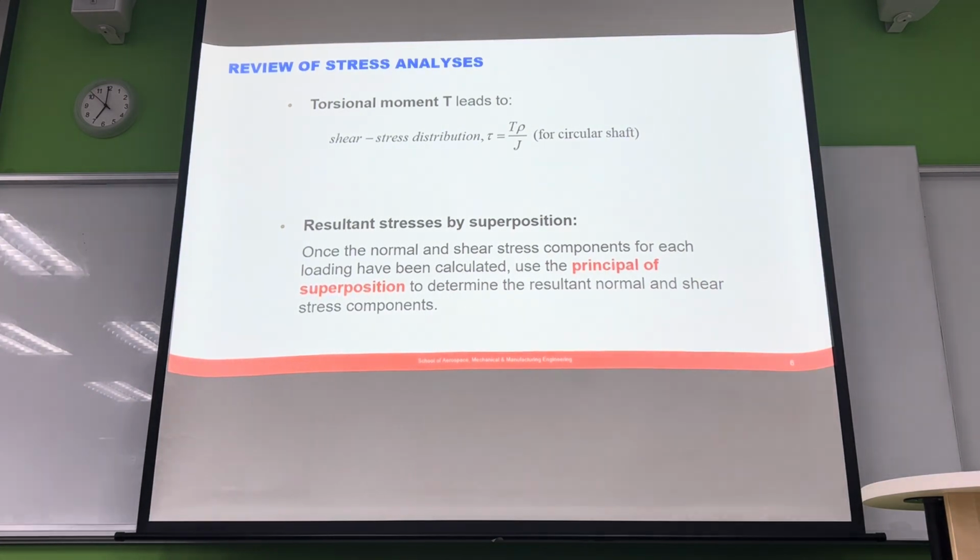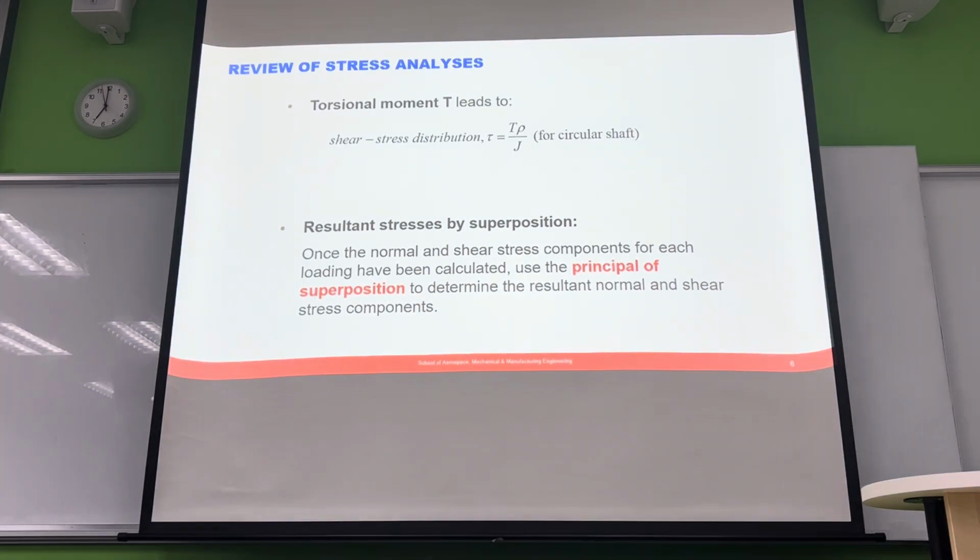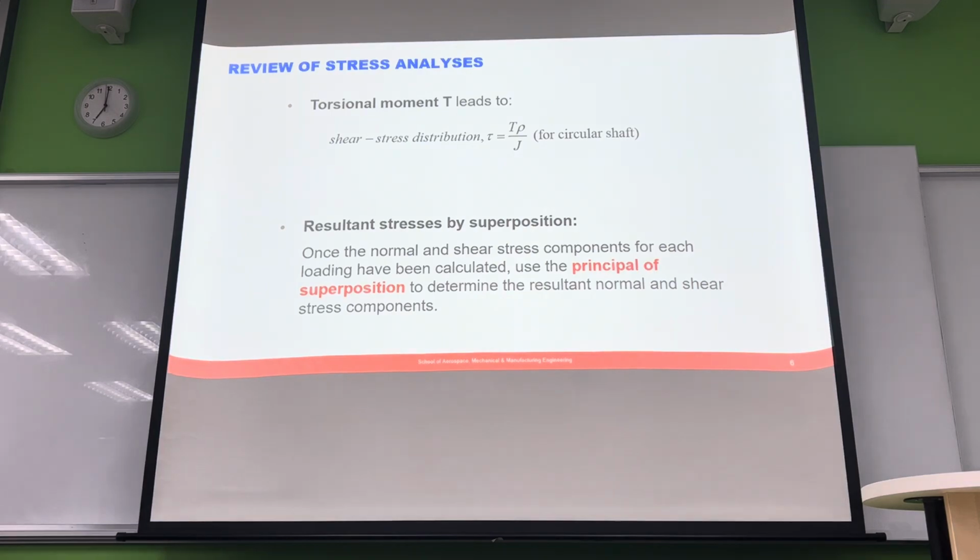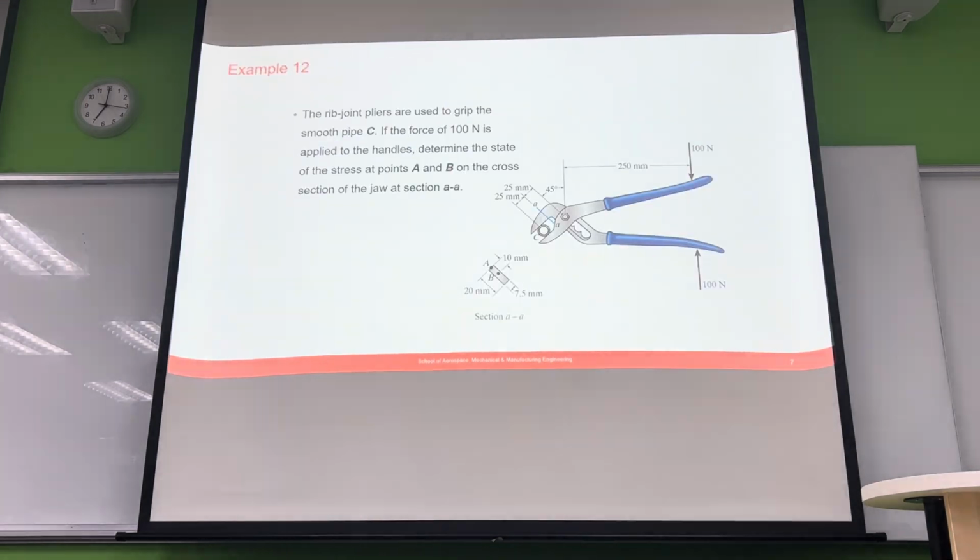So this allows us to add all those sigma x's together, all the sigma y's, all the sigma z's, all the tau xy's, all the tau xz's, all the tau yz's. Those individual components you can add together, but you can't combine them with different vectors. So that's really, really important. So that simplifies our problem a great deal.